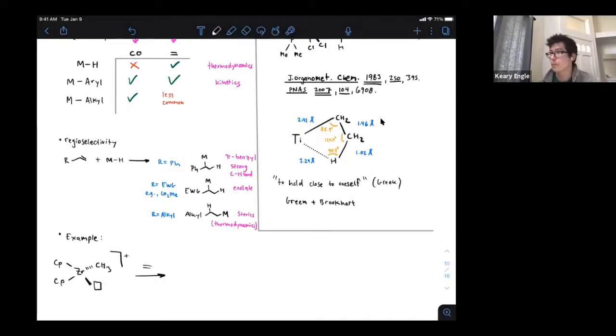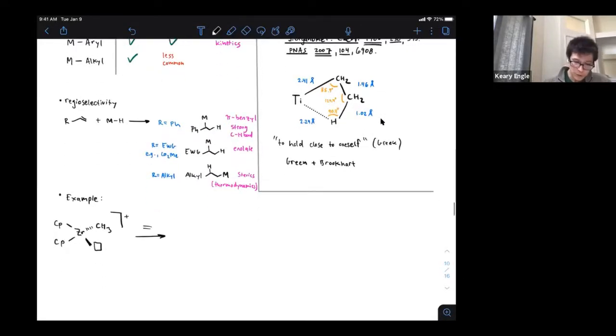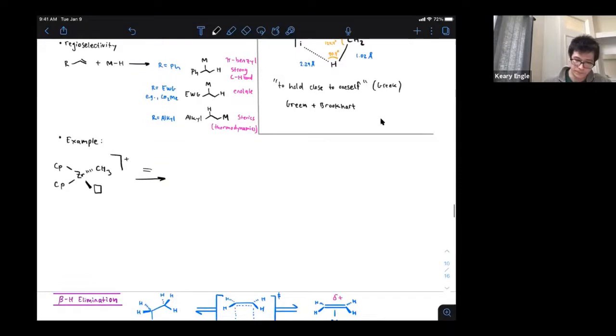We talked about 1-2 migratory insertion reactivity trends being predominantly determined by kinetics, thinking about the transition state and which is more hindered or less hindered, and CO migratory insertion often being determined by ground state stabilization or destabilization and the underlying thermodynamics.